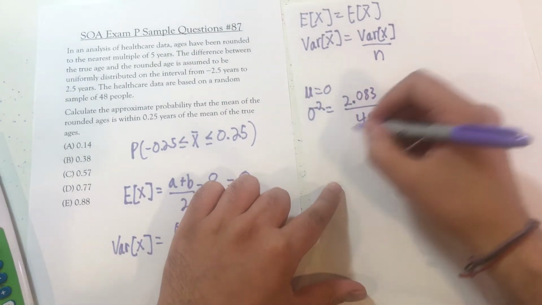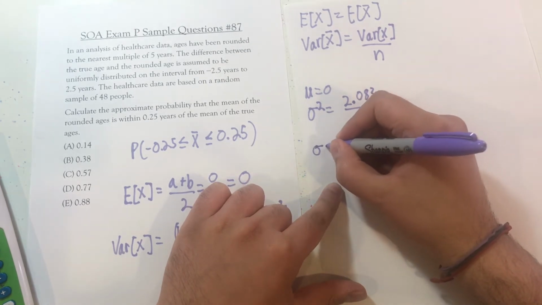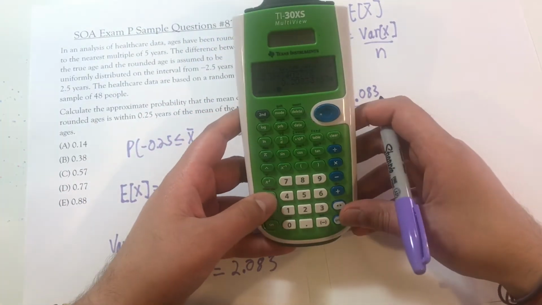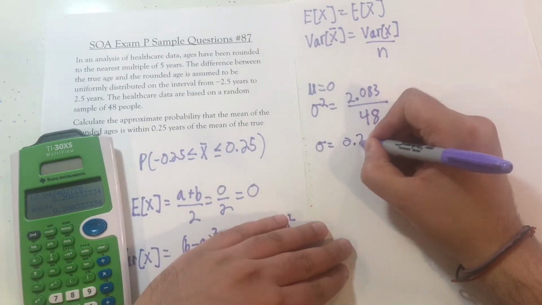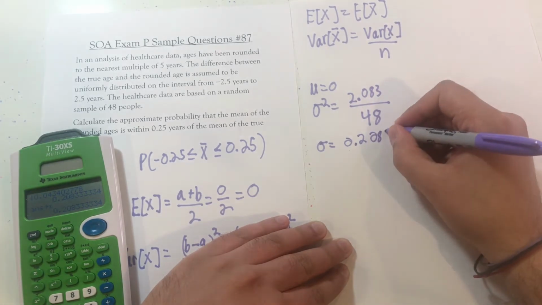And then our sigma value would obviously be, let me divide this by 48 and then take the square root of that. A decimal that I would store in your calculator for when you do calculations is 0.2083.